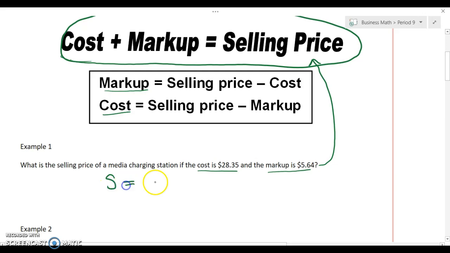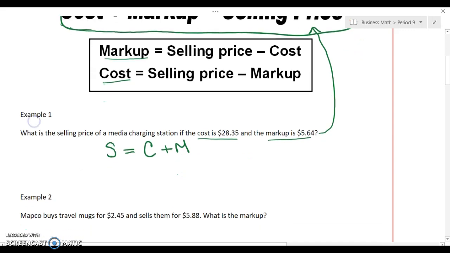Selling price equals cost plus markup. And then you just plug in. So what is our cost? $28.35. What is our markup? $5.64. So selling price is $33.99. Just adding the cost and the markup.